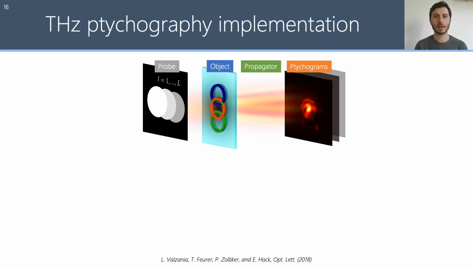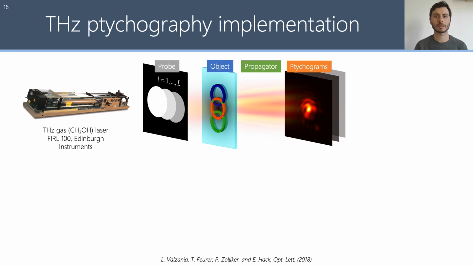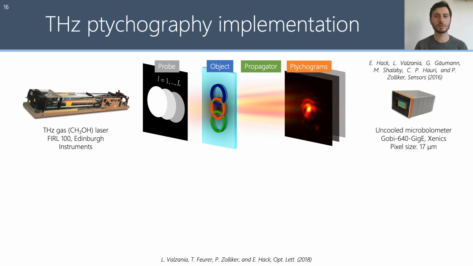We demonstrated our method with an imaging setup working with terahertz radiation, equipped with a CW gas laser whose emission line can be tuned between the mid and far infrared range. We also used an uncooled microbolometer array, which, although designed to work in the mid-infrared range, allowed us to perform ptychography in the far infrared range too.